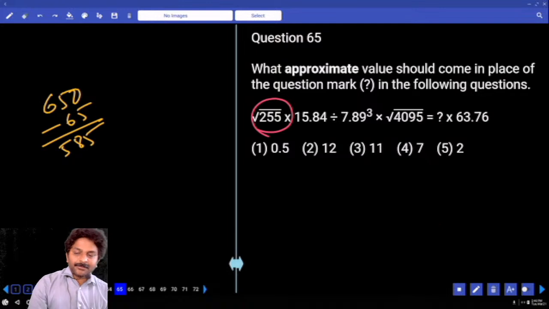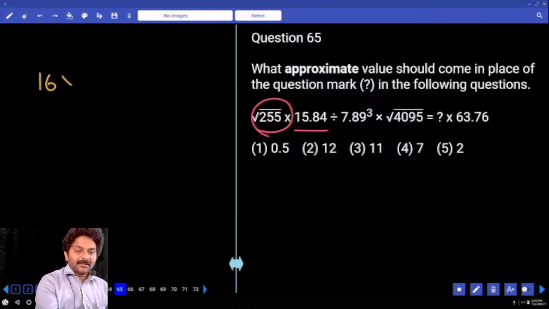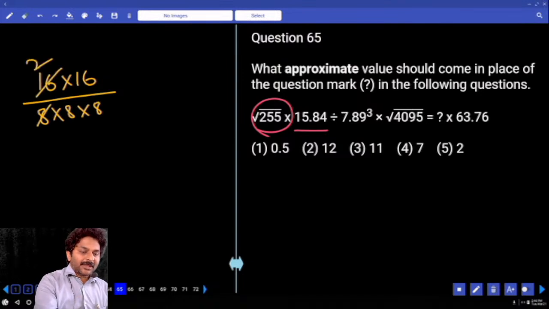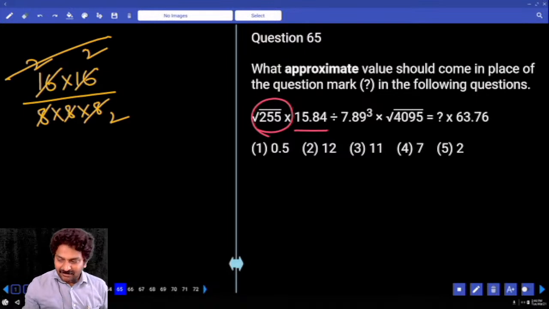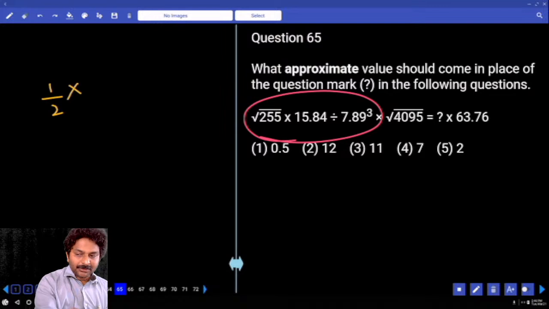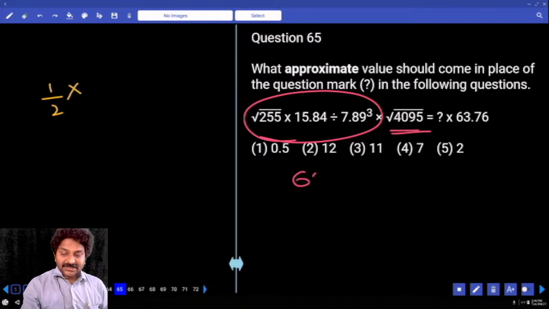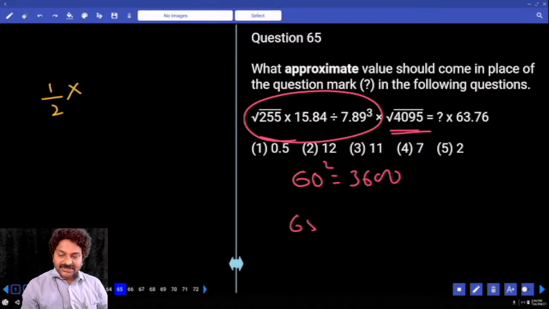Nearest under root value. 16 into 16 divided by 8 cube. 8 into 8 into 8. 8 2 times. 8 2 times. 4 2 times. So what is this entire value? 1 by 2 into 4095. 60 square is 3600, much more than that. 65 square is 4225.